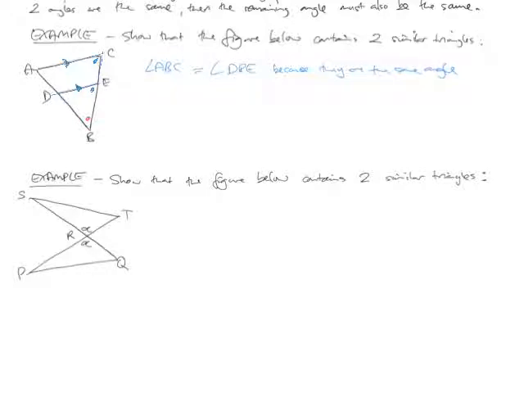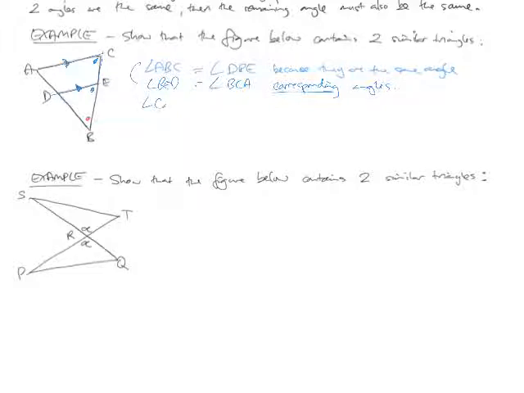So angle BED is going to be equal to angle BCA, because they're corresponding angles. You won't need to go too much into these wordings here because we're not doing that in the topic, but that's the reasoning behind why those angles are the same. And now we've proven two angles are the same in the two triangles.